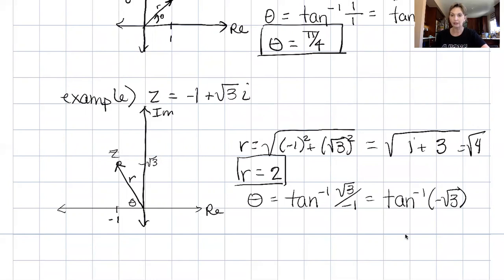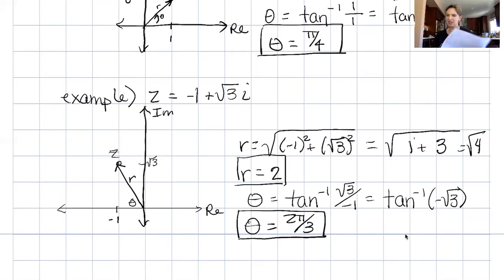Okay, so what angle is in quadrant 2 and has a tangent of negative square root of 3? Okay, it is 2 pi over 3. And that's it. Okay, we figured out our argument and our modulus for that complex number. Not too bad, right? It's doable.